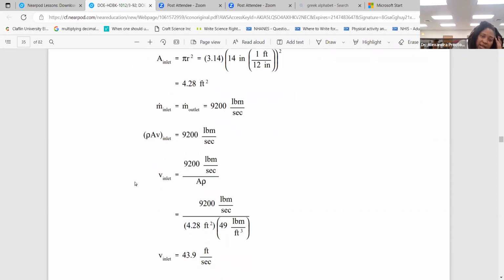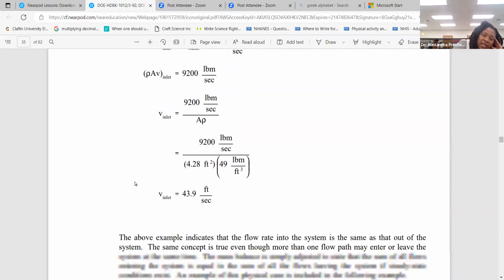Substituting in, you wind up with V inlet equal to 9,200 divided by 4.28 feet squared, divided by 49 pound mass per cubic foot, with V inlet being 43.9 feet per second.